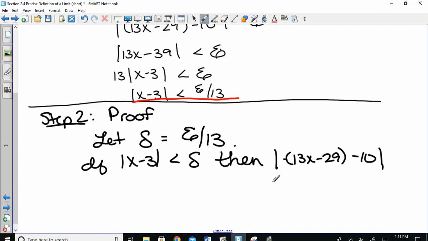At this point, you're really just redoing the same work we already did when we were finding delta. We have to restate it because this is the actual proof now, so we can't just say see above. We actually have to work it out.